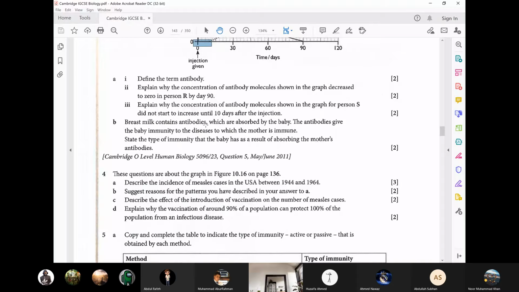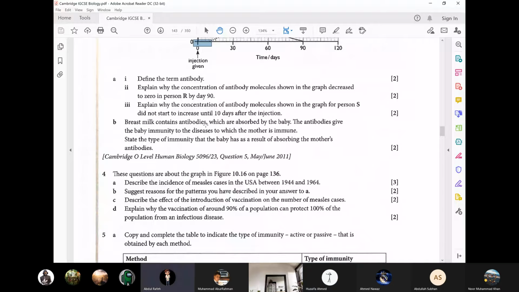Yes, boys. Who remembers that? That is called colostrum. What is it called? Colostrum. Right, boys? Understand?